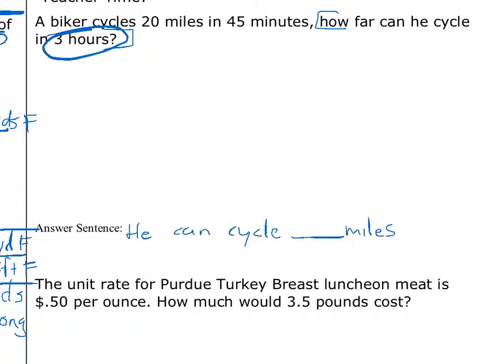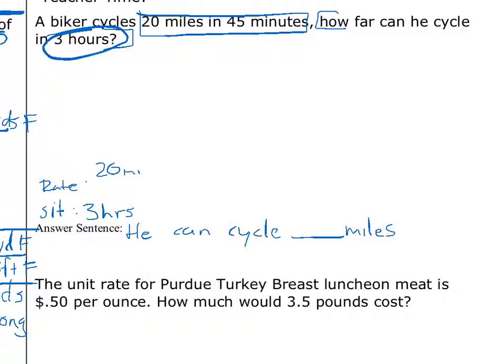So as we finish that, we see the situation there pretty easily. Situation is 3 hours. And we see our rate here. He can cycle 20 miles in 45 minutes. So our rate, 20 miles in 45 minutes.